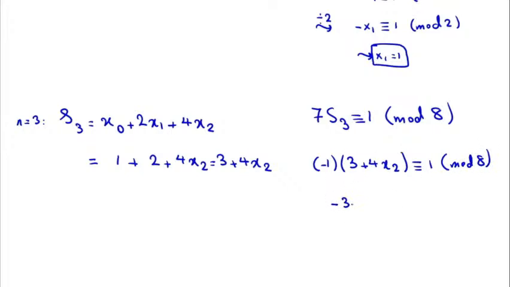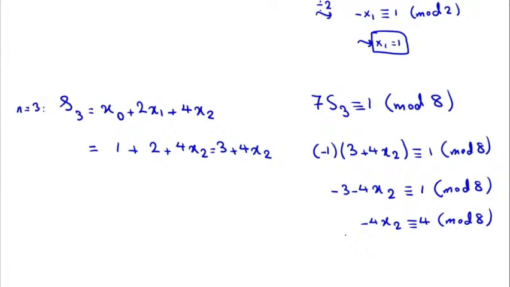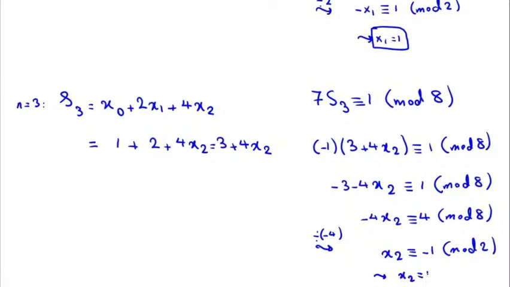So negative 3 minus 4x2 is congruent to negative 1 mod 8. Now we take negative 3 to the right-hand side: negative 4x2 is 3 plus 1, 4 mod 8. Let's divide both sides by negative 4. Then x2 will be negative 1 mod 2, or x2 is congruent to 1 mod 2. So we conclude x2 is also 1.